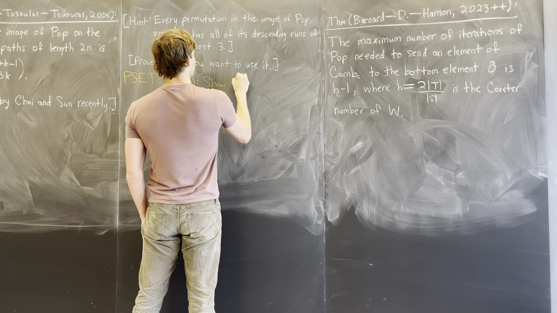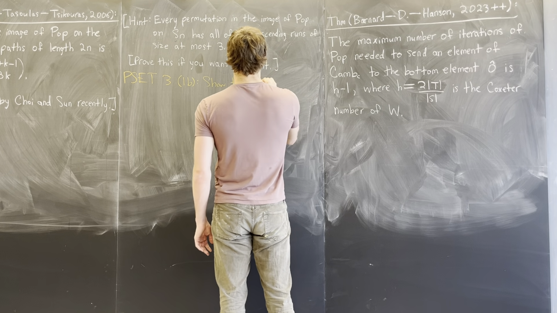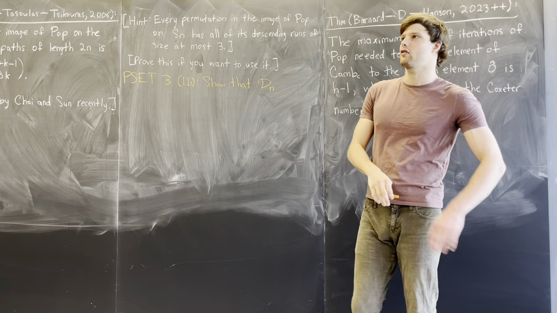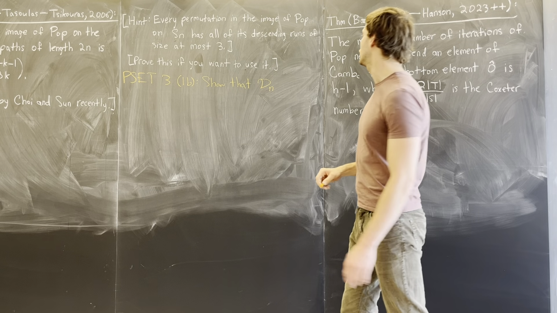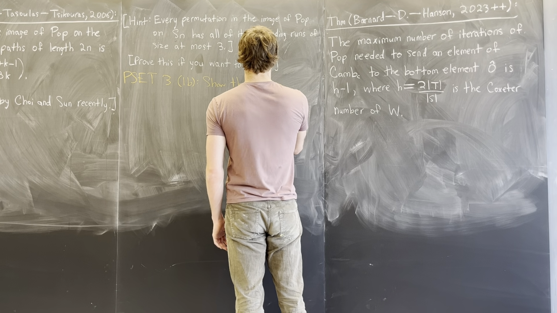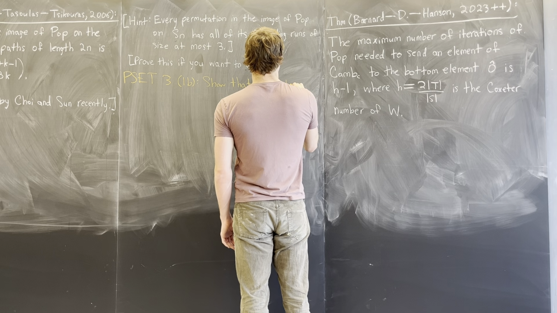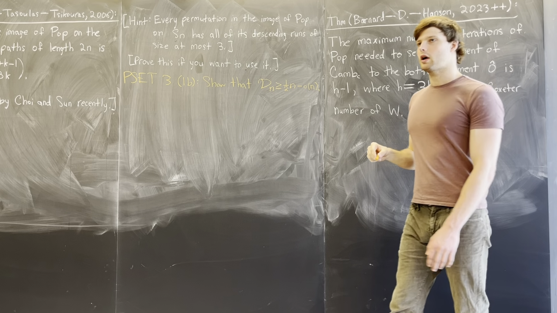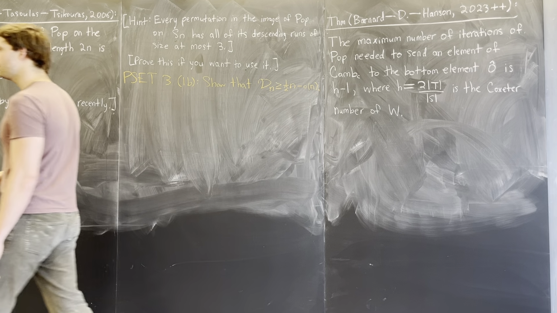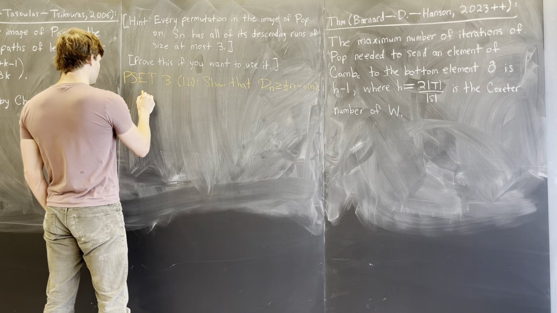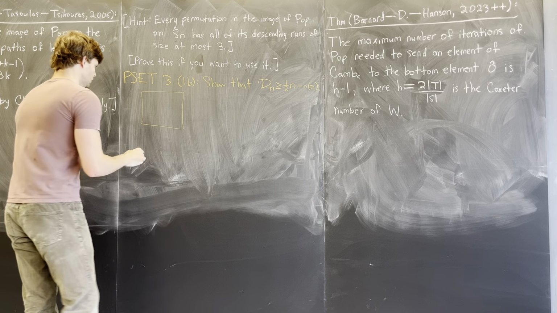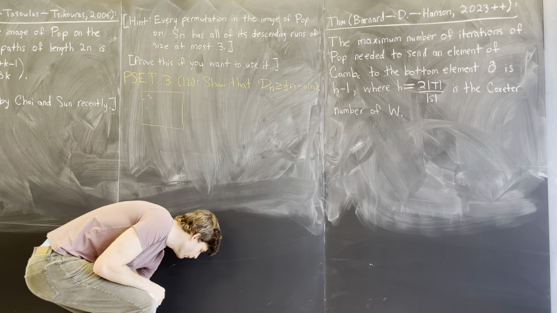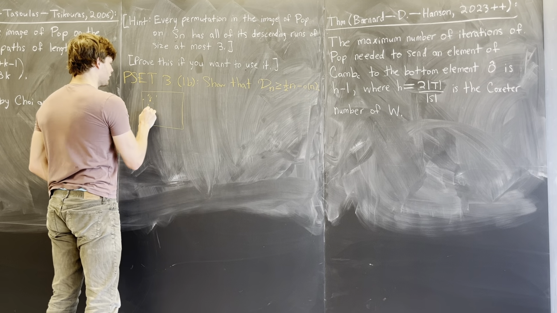Show that, I think I was calling it script p sub n, so this is the average number of iterations of pop needed to sort a random permutation, is at least 1/2 n minus little o of n. And what I'll say is that if I have a random permutation, imagine I plot my random permutation. It's going to look like this.